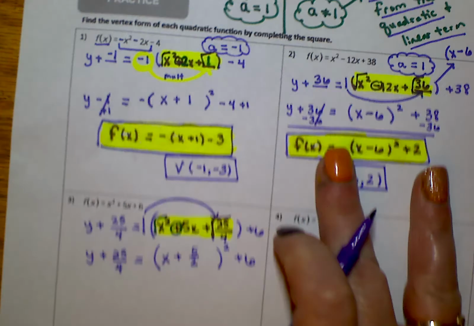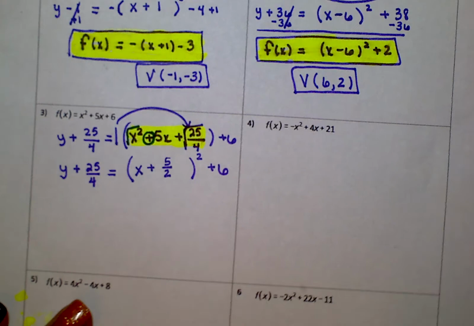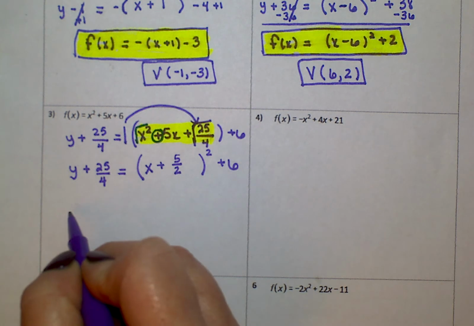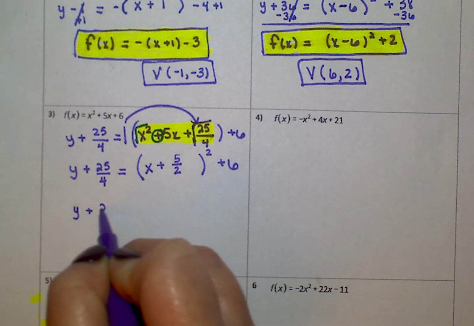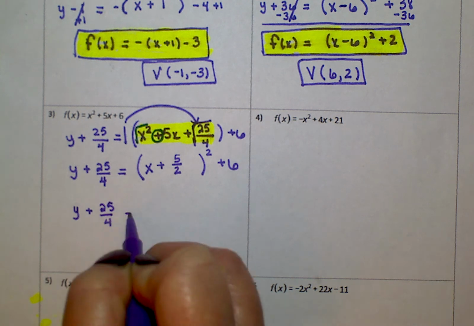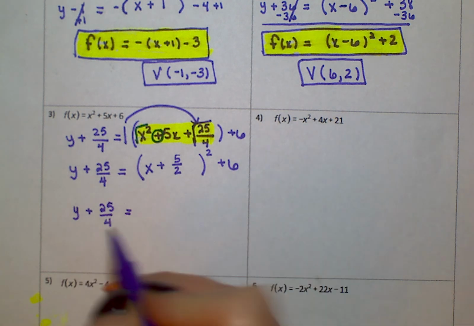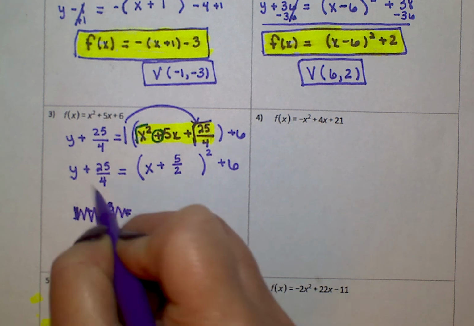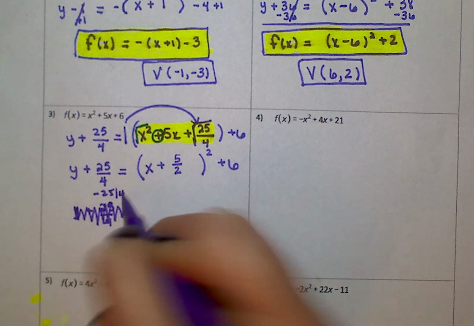Okay. Now, as we go to number 4, you notice your a is not 1. So we're going to have to take out the -1 when we get to that one in a second if you're ahead of me. So I'm going to go ahead and recopy this over. And looks like I already did that, didn't I? Sorry. So I'm going to subtract 25/4.